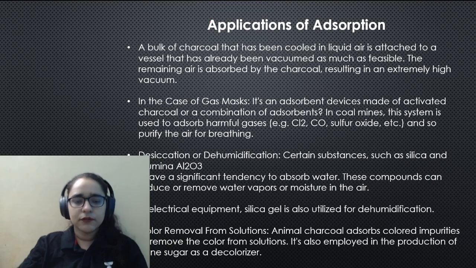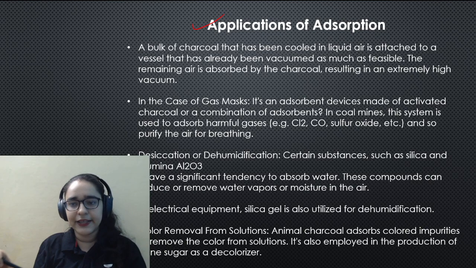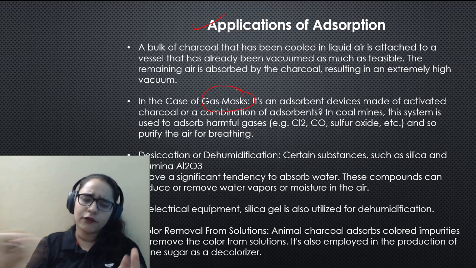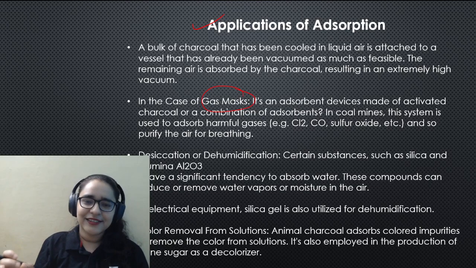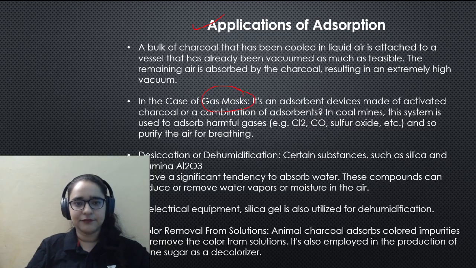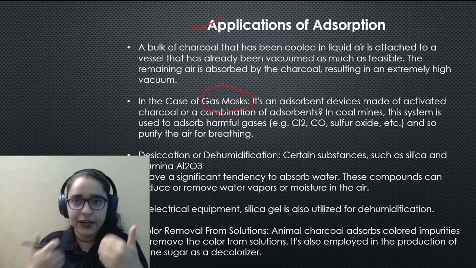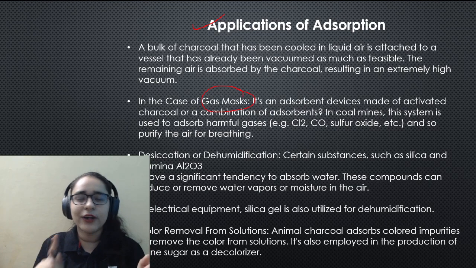Okay. So the last topic would be the applications of adsorption. Charcoal, I have already said, has a huge application in cosmetic chemistry, right? And then we have the gas mask, of course, I don't have to say this. If I have an adsorbent and I've made it into a filter or a membrane, only the water could pass and not the impurities.